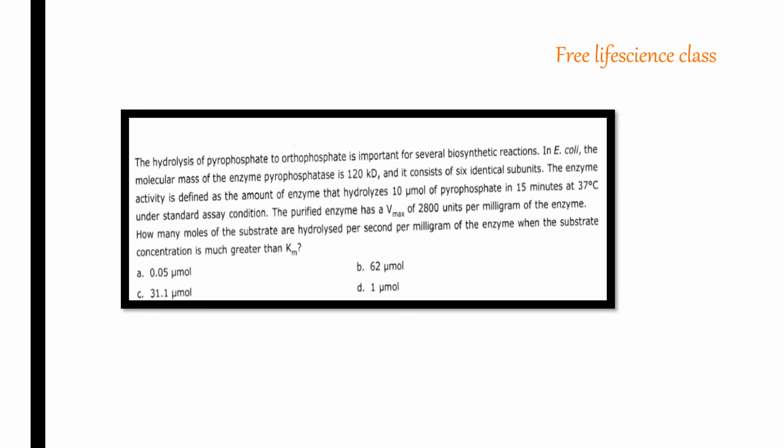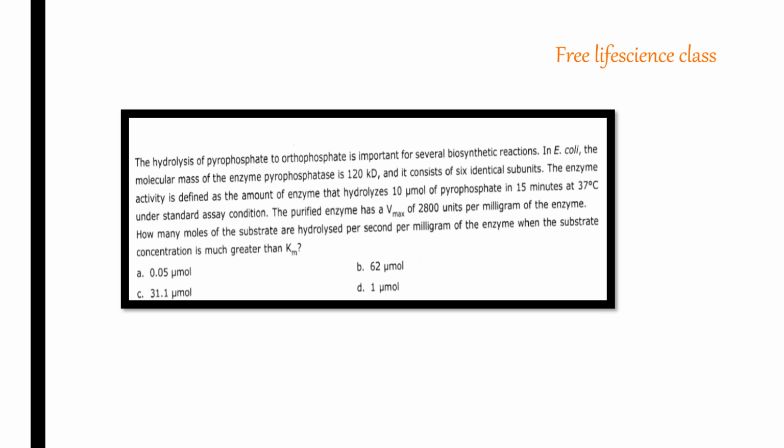The next question is, the hydrolysis of pyrophosphate to orthophosphate is important for several biosynthetic reactions. In E. coli, the molecular mass of the enzyme pyrophosphatase is 120 kilodalton and it consists of 6 identical subunits.